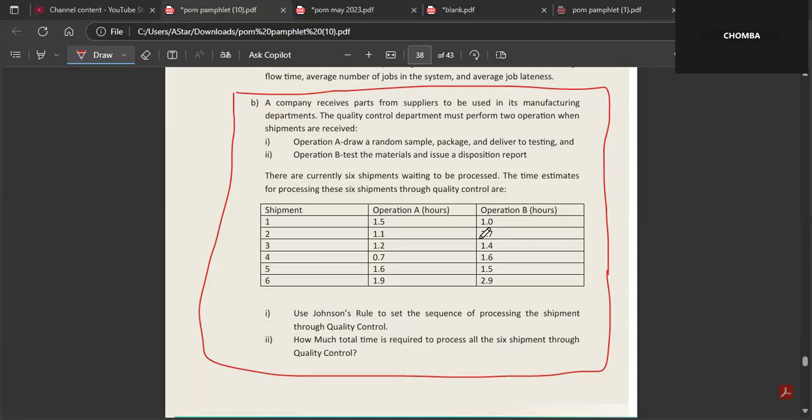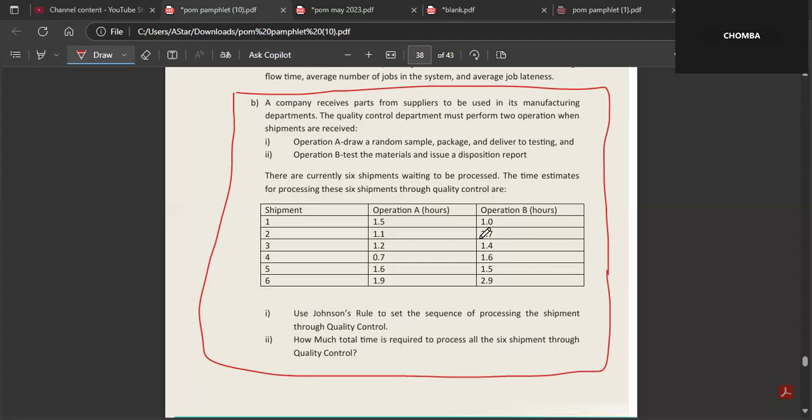So how many shipments do we have here? You can read for me quickly. The company receives parts from suppliers to be used in its manufacturing departments. The quality control department must perform two operations when shipments are received. One, Operation A, draw a random sample package and deliver to test. Two, Operation B, test the material and issue a disposition report.